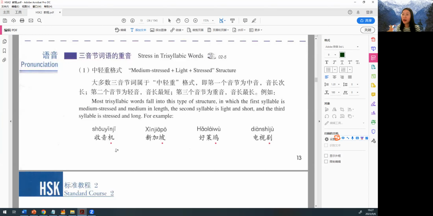You don't have to remember that when a word has tone 1, tone 3, tone 4, then I need to do medium stress, light stress. No, do not do this. We don't have such pronunciation requirements. So let's read those new words together. The first is 收音机.